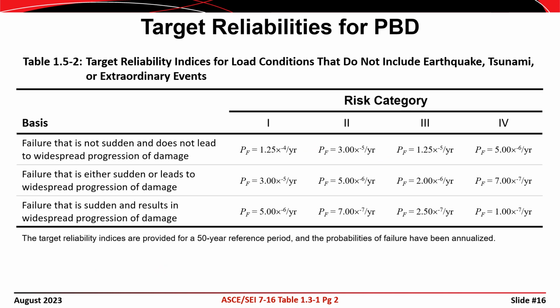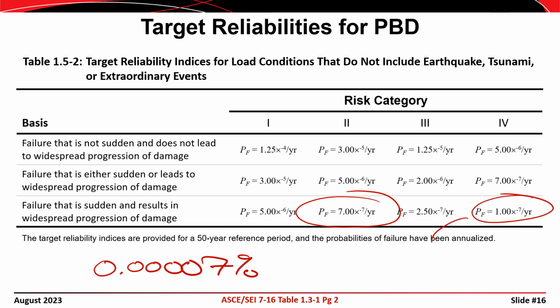On the other hand, if we look at a category 2 building and look at a widespread failure or a collapse, then we're looking at a probability of failure that is 0.00007% chance of failure in any given year. So that's pretty small. And then if we look at a category 4 building, we're dealing with a probability of failure that's even smaller.